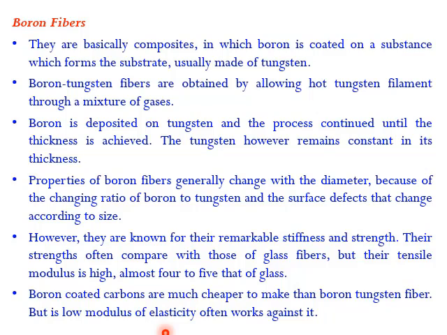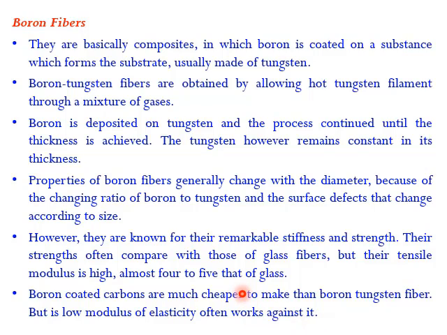Boron coated on carbon is much cheaper to make than boron tungsten fibers, but its low modulus of elasticity often works against it. So wherever the application requires a low modulus, we can go with carbon coated with boron instead of tungsten coated with boron.